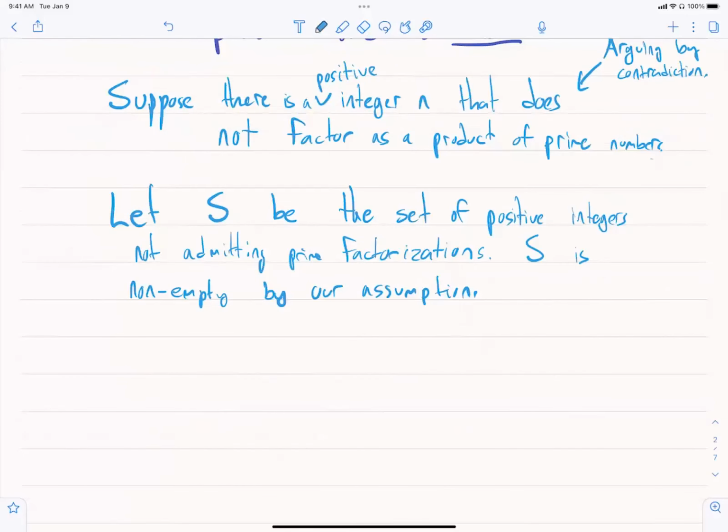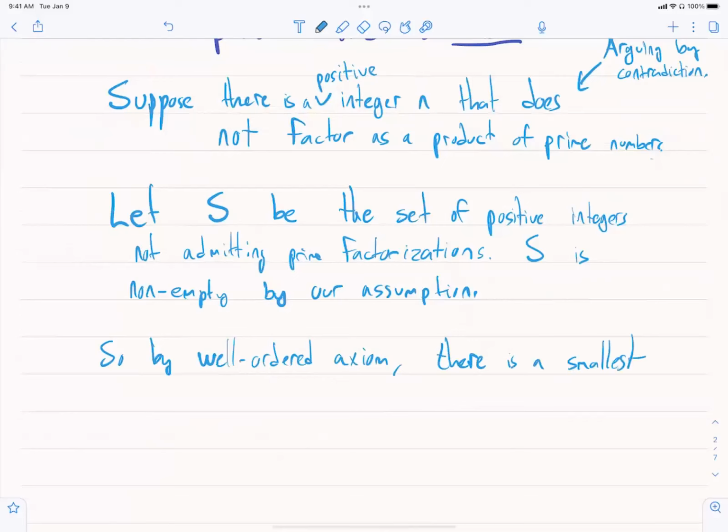By the well-ordered axiom, there's a smallest element n in S.